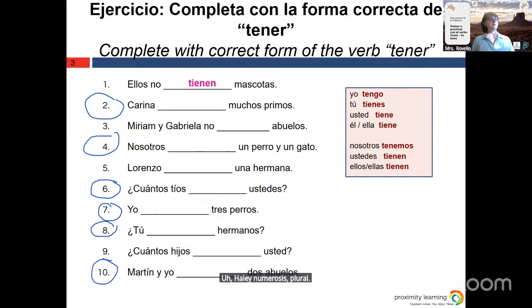Hey, good job, Stacy. Arshis. Arshis, muy bien, perfect. Perfecto, Arshis. Careful with number 10, Priscilla.